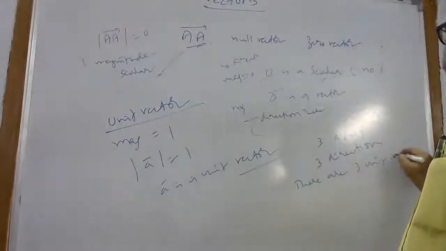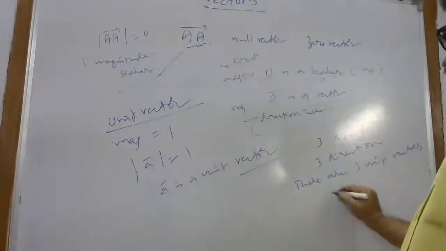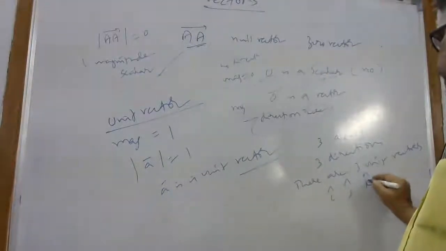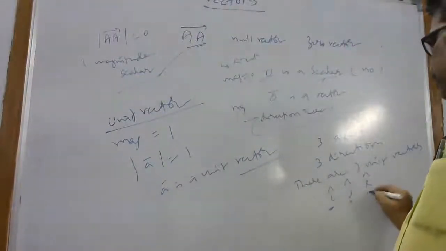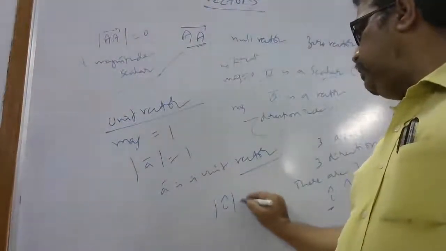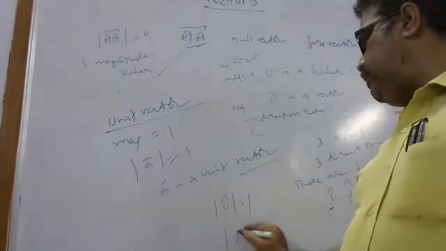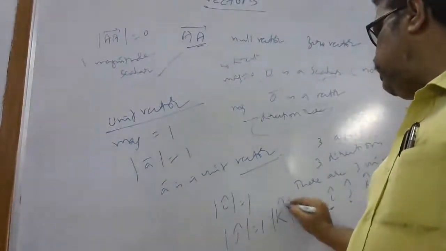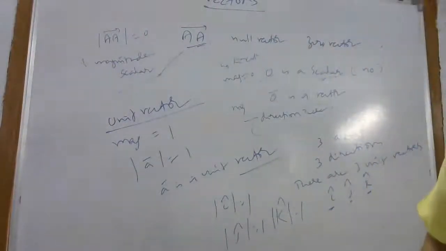What are they called? I told you already: I cap, J cap, and K cap. Unit vectors are written with a cap. So mod I cap is equal to 1, mod J cap is equal to 1, and mod K cap is equal to 1, because they are unit vectors.